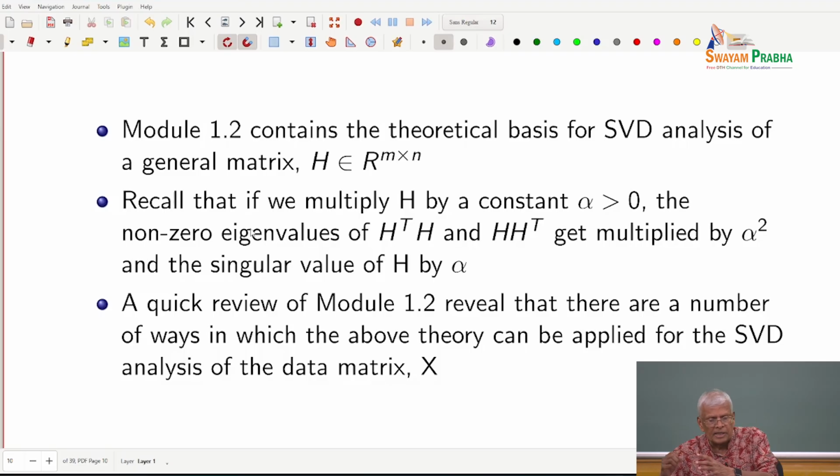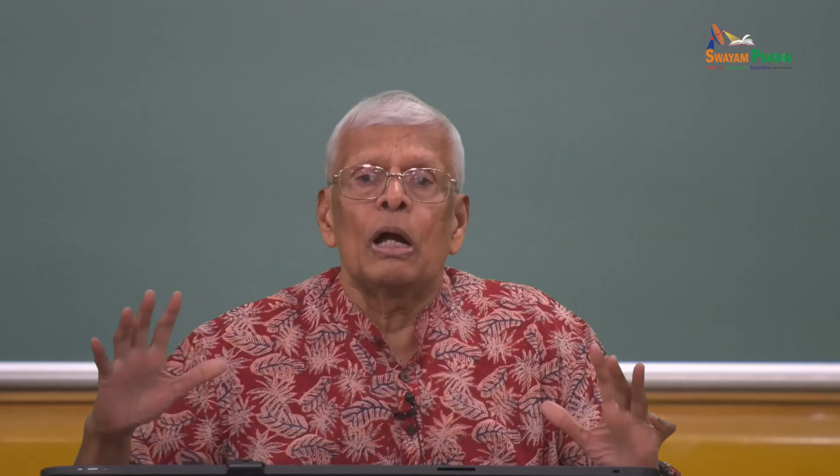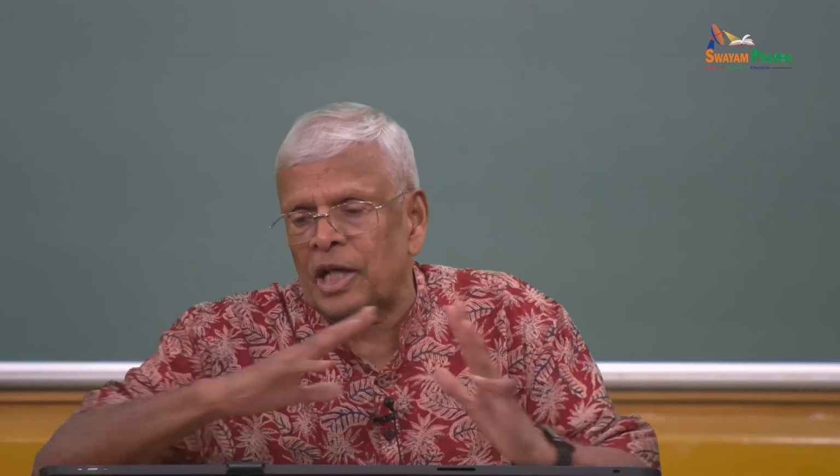I process the data to be able to compute the covariance. So to be able to do the PCA, I need to concentrate on the covariance matrix. Once I have the covariance matrix, I can apply the theory of PCA as I have developed and get a PCA representation for this. So that's a straightforward application.